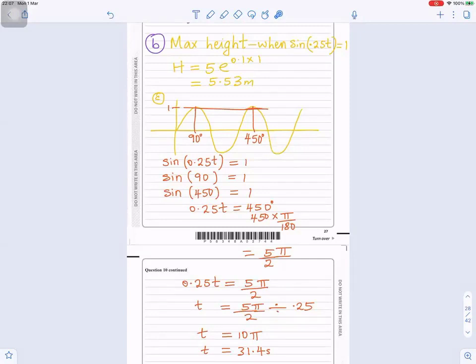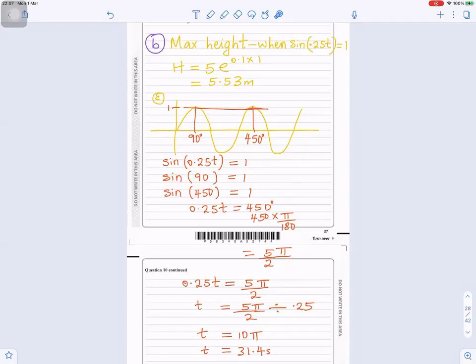So when is it 1? When sine of 90. Sine 90 is 1. Next time it's 1, sine 450 is also 1. So we can have 0.25t equals 450. And we can multiply by pi over 180 to change to radian. So that gives you 5 over 2 pi.